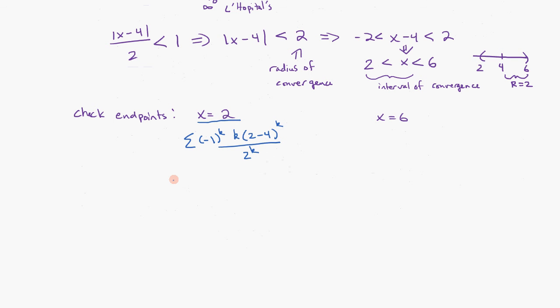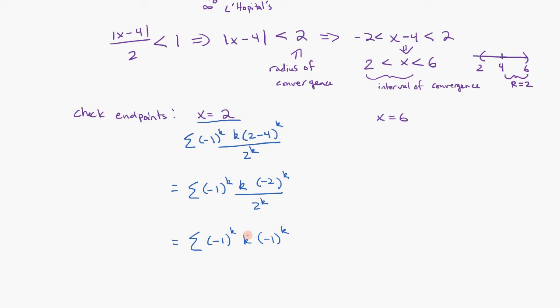So let's simplify the series. So this is the sum of (minus 1) to the k. So 2 minus 4 is minus 2, so (minus 2) to the k, times k, and the whole thing over 2 to the k. So the 2 to the k's will cancel out. You get a (minus 1) to the k. So it's equal to the sum of (minus 1) to the k times (minus 1) to the k.